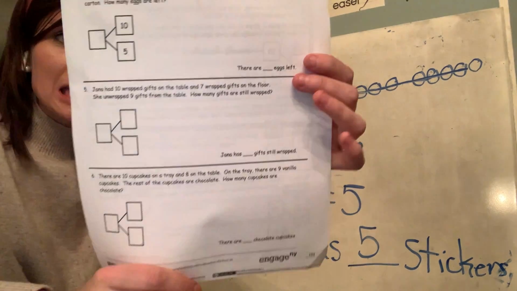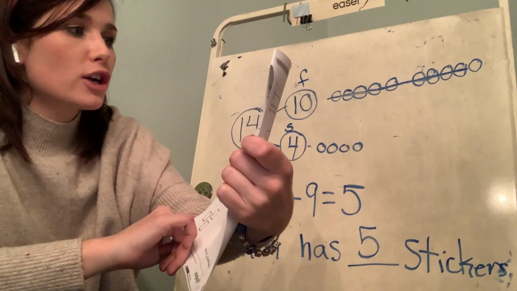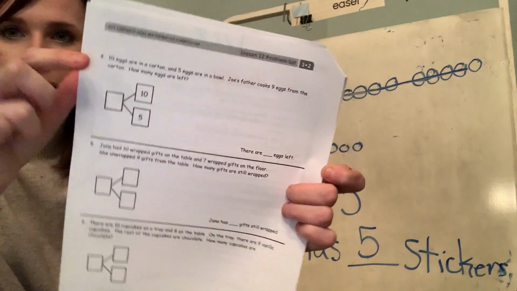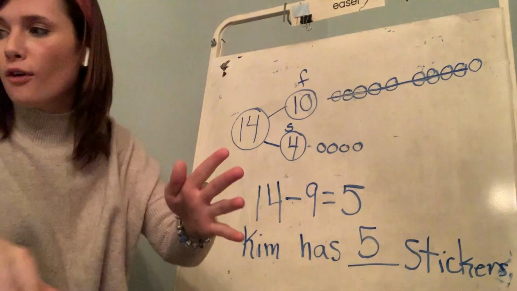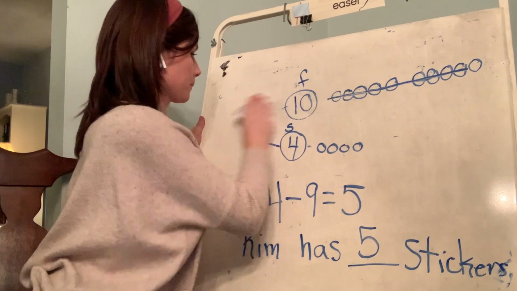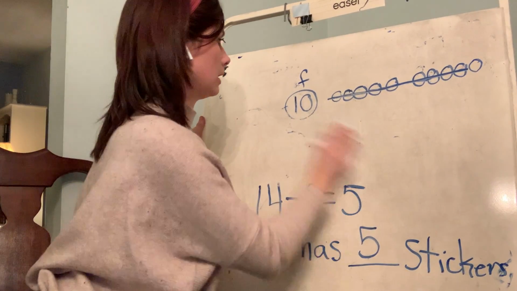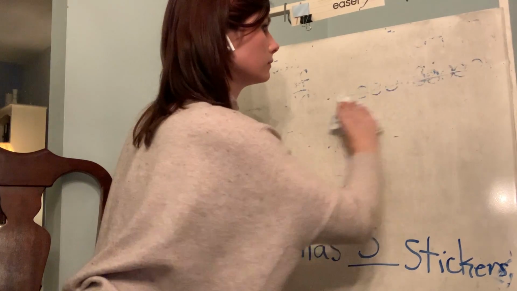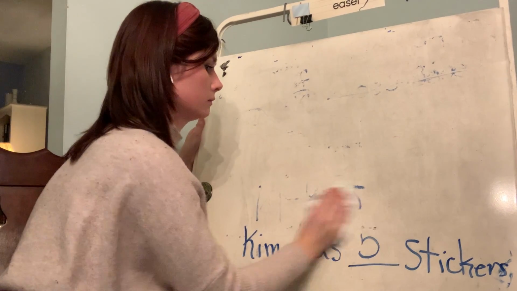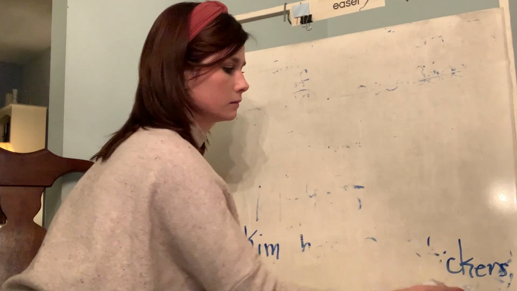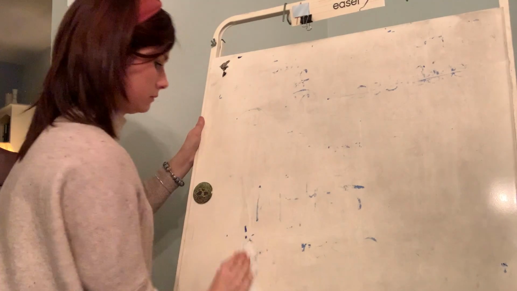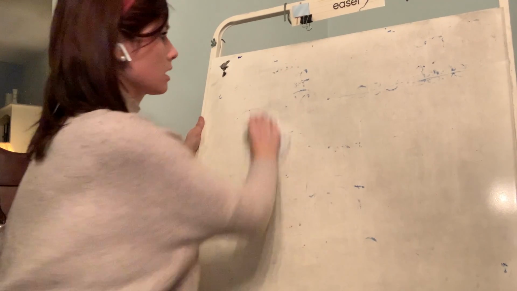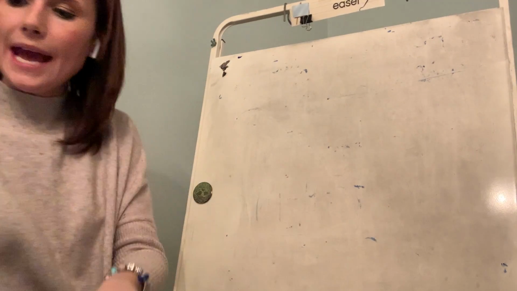All right, turn to the next page. This is what it looks like. You're looking for number 4 on the top, okay? We're on number 4. Find number 4. Okay, ready?